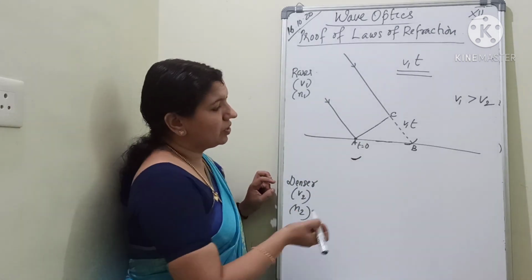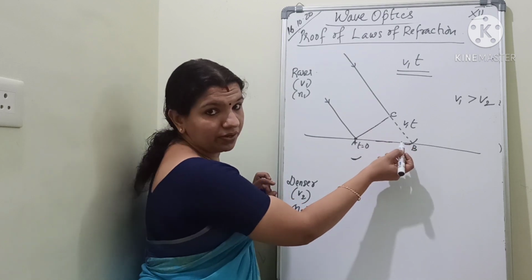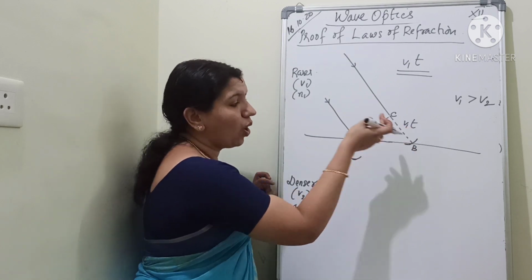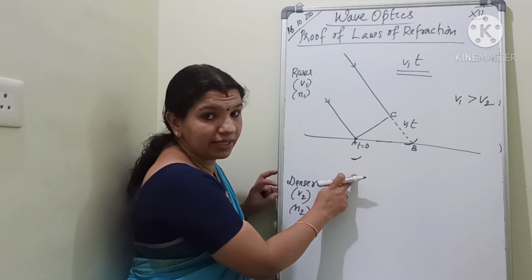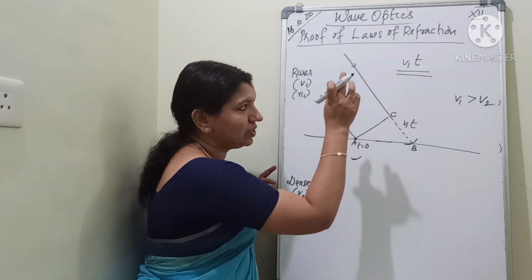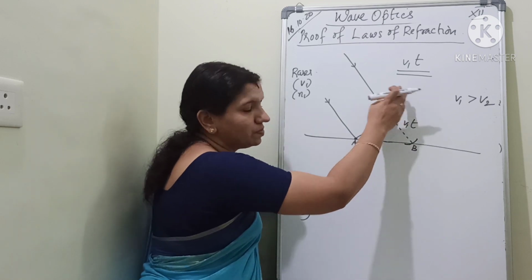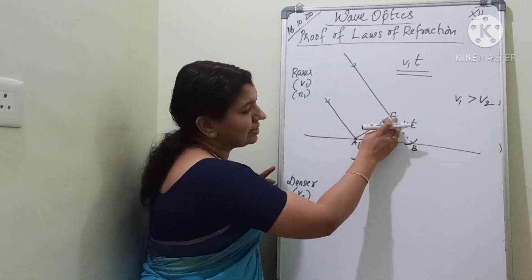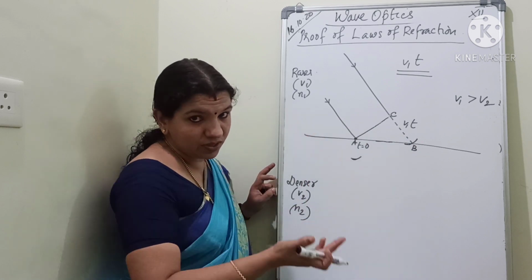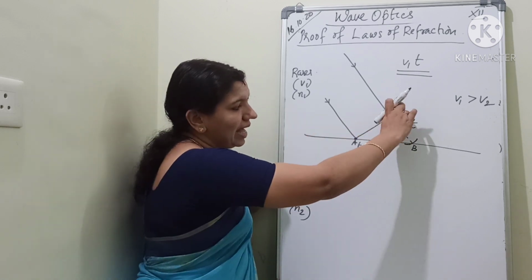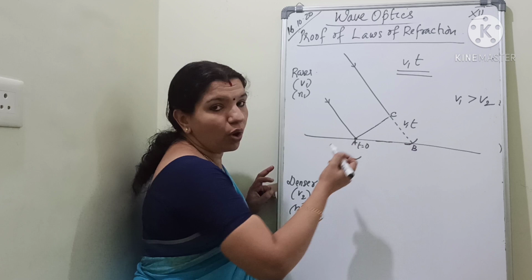Why? Because this is greater speed, right? So v1t is not equal to v2t. Understand? We are assuming a time t and we consider this v1 as the speed of this medium. So the distance travelled be v1t. We are assuming like that and we are drawing an arc with that distance. We got an arc at the point B.